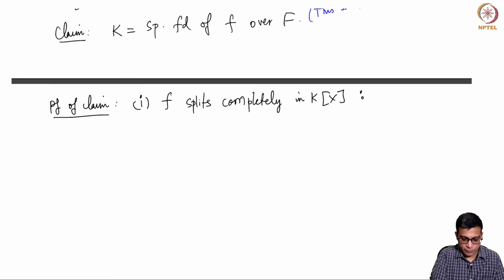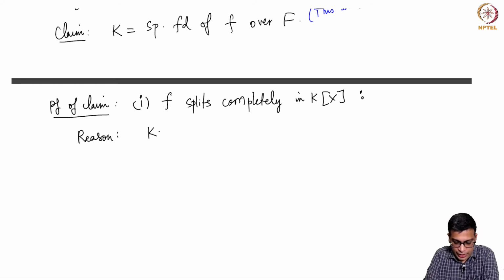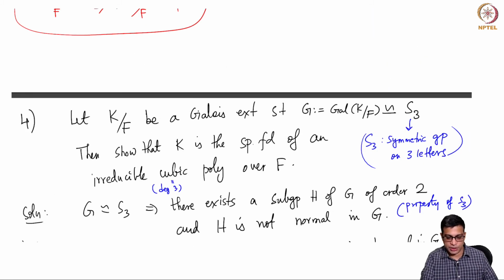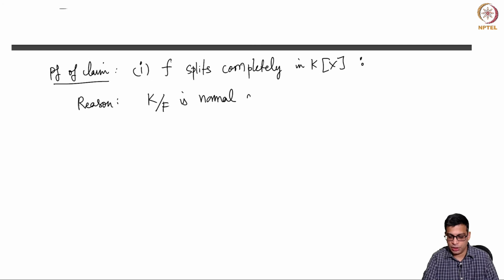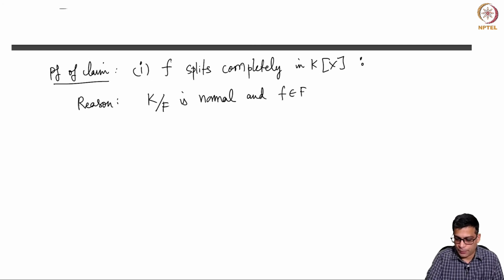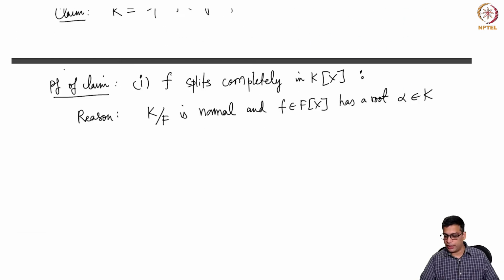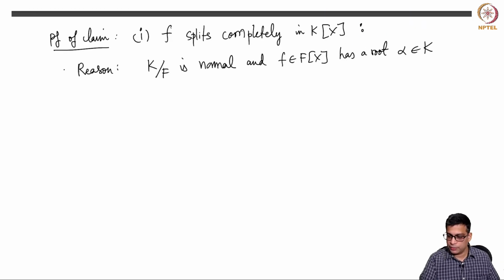Reason for this statement: note that K over F is normal because it's given to be Galois. It's important that I take a Galois extension. So it is a normal extension, and f is a polynomial over the base field that has a root alpha in K. So alpha is in K, of course F(alpha) is contained in K. So it has a root in K.